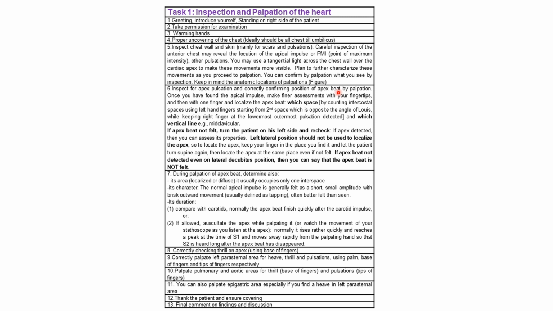So we have to find the pulsation by looking, and then we confirm by our finger, and by some fine movement of our fingers we have to locate the lowermost outermost pulsation. Okay, and then we will count by our fingers to see what space we are in.